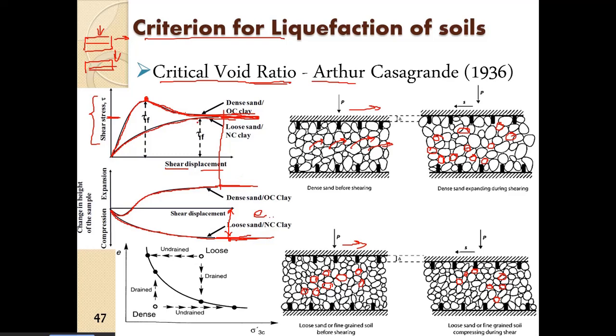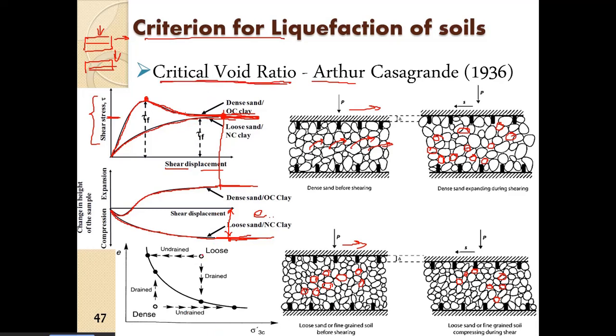So ultimately, if the confining pressure for both the tests is the same, and the soil types are the same, we will arrive at the same void ratio for the two types of sample. That void ratio is called the critical void ratio.